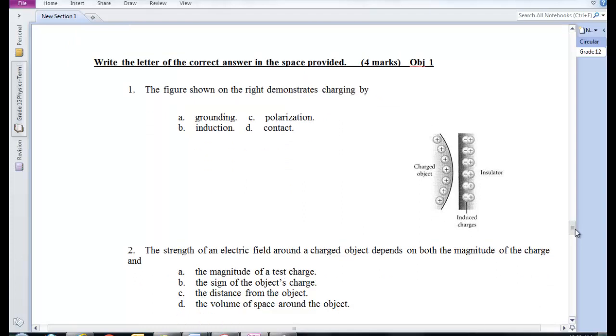And the first question is, the figure shown on the right demonstrates charging by.